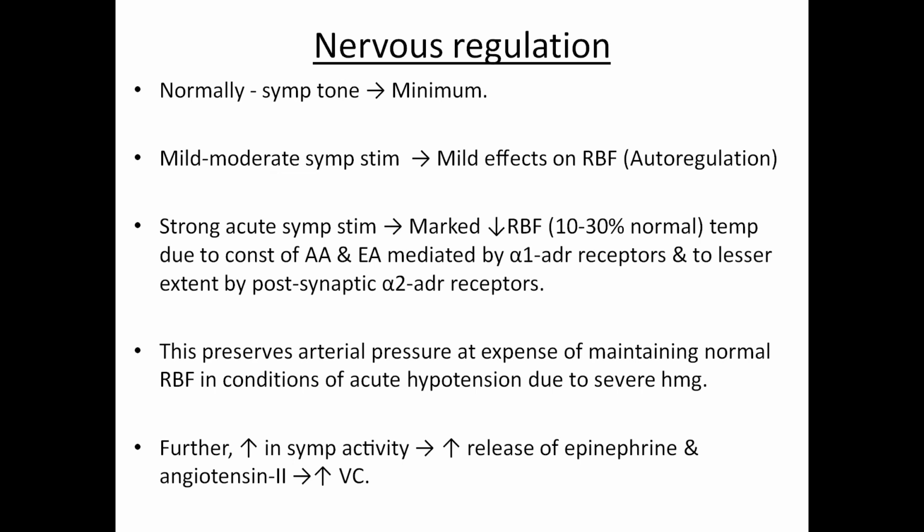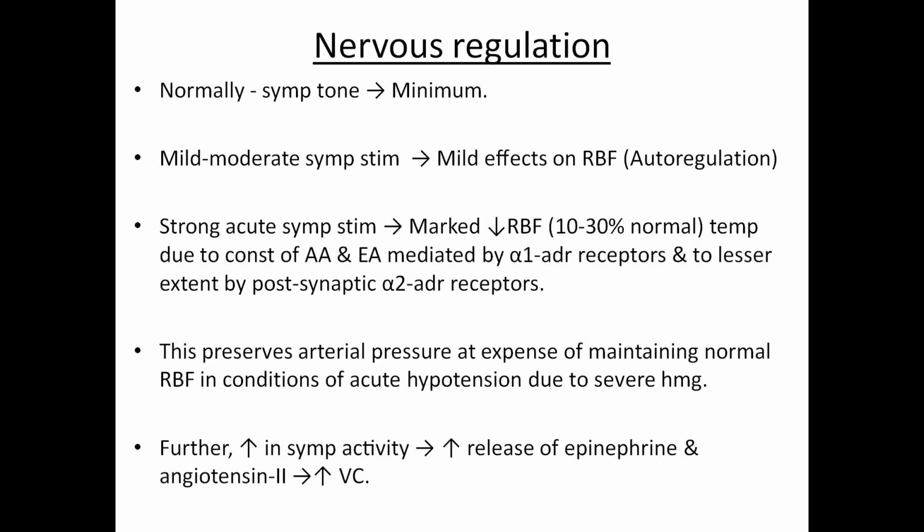This system works to preserve arterial pressure at the expense of maintaining normal RBF in conditions of acute hypotension due to severe hemorrhage. So in an acute situation, the body takes a call. Suppose acute hypotension has occurred because of severe hemorrhage.